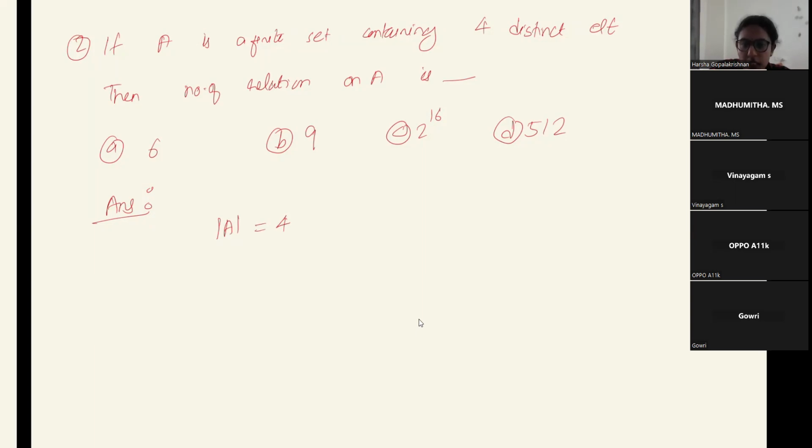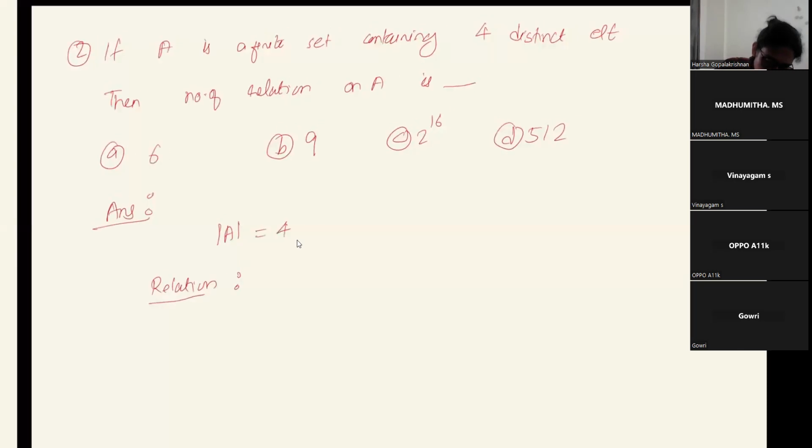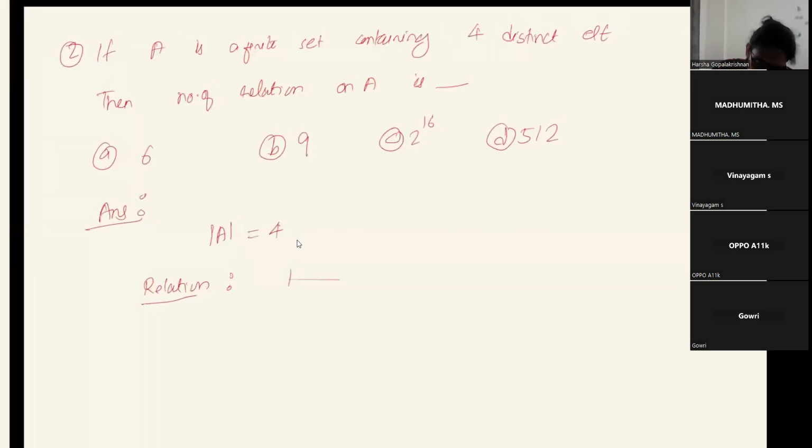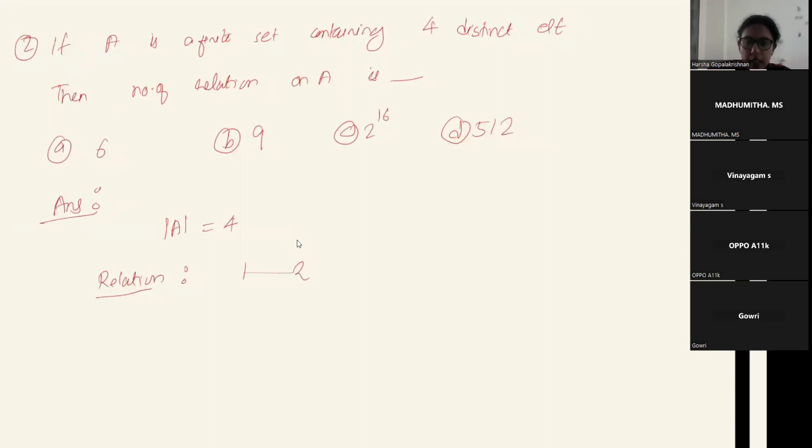Okay, let's just solve the question. So, the cardinality of A is given as 4. What is the definition of a relation? Relation is a subset of A cross A, right? Is it correct?